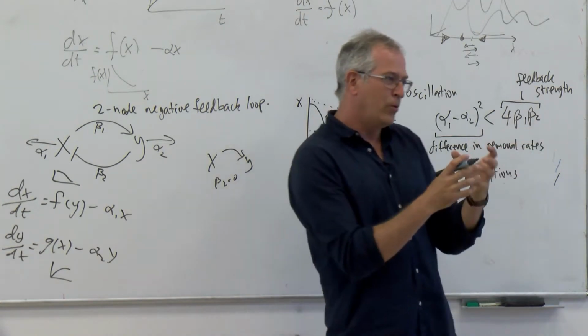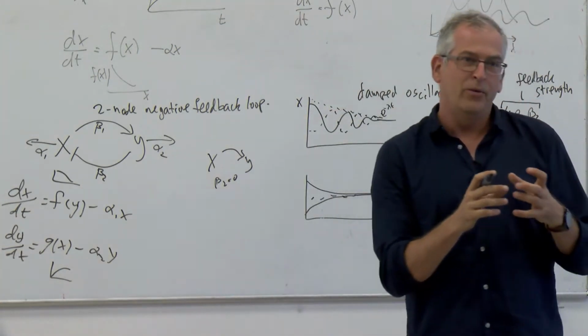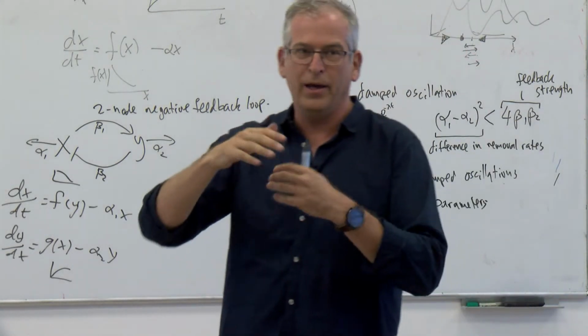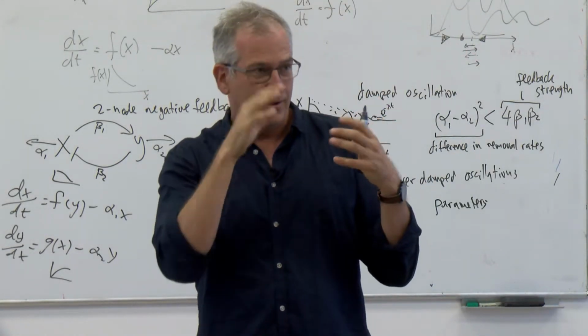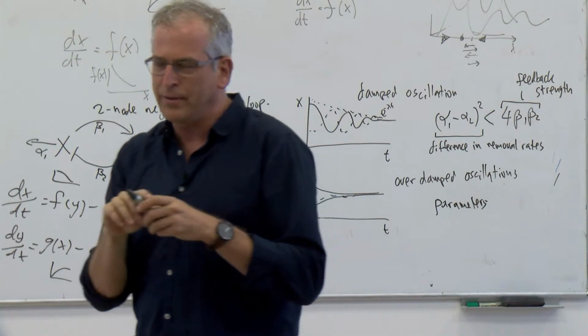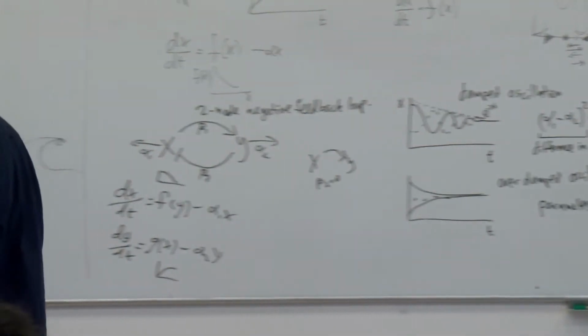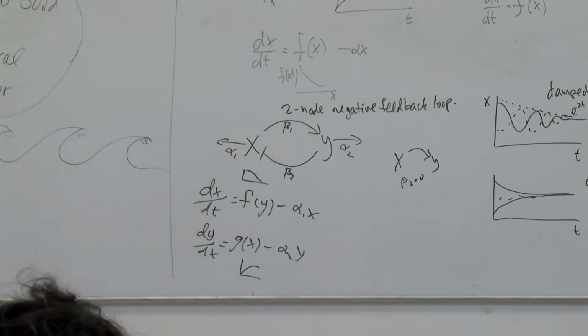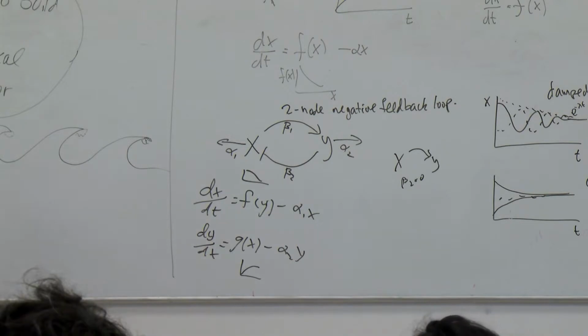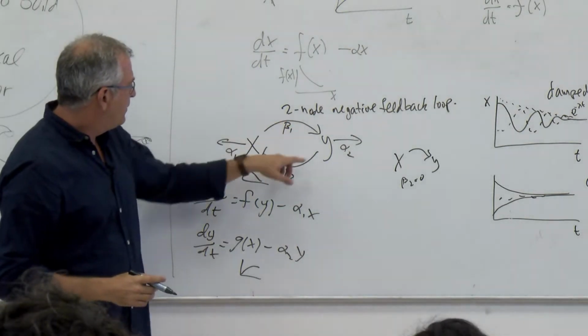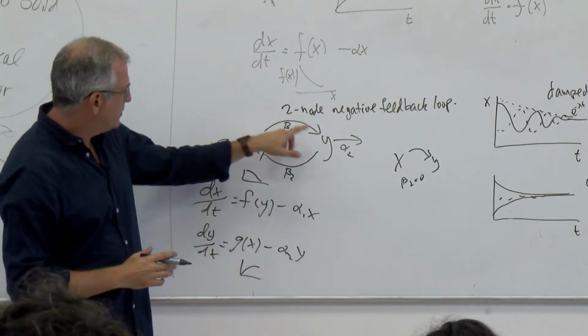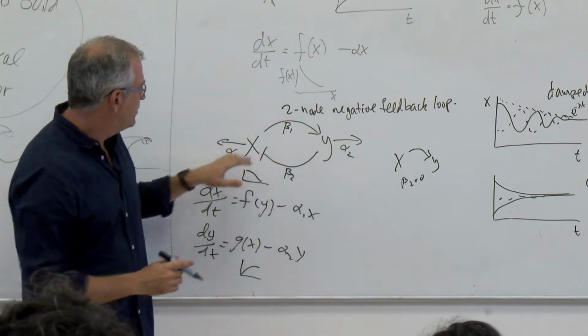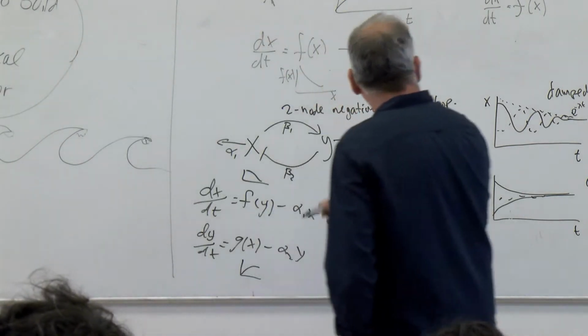But if they're both fine, the feedback is strong, and the timescales are matched, we have more oscillatory situations. That's a general principle that carries throughout oscillators: the timescales need to be matched, and the feedback needs to be strong.